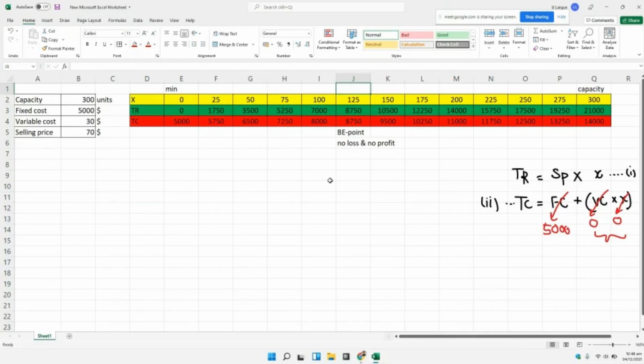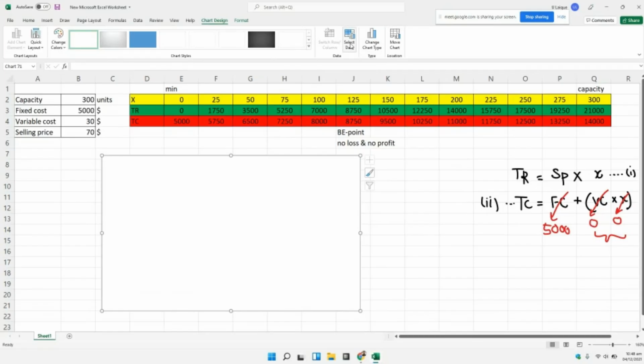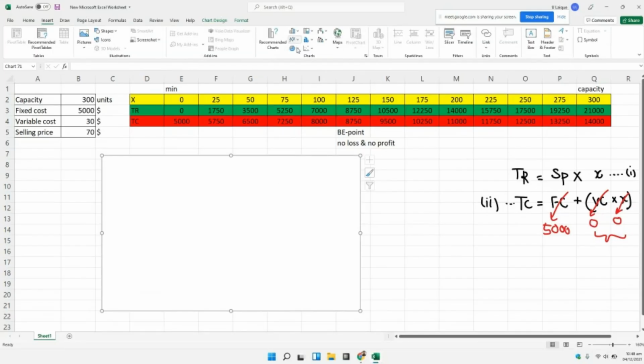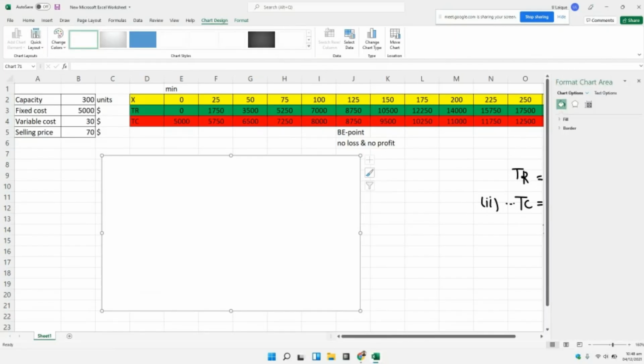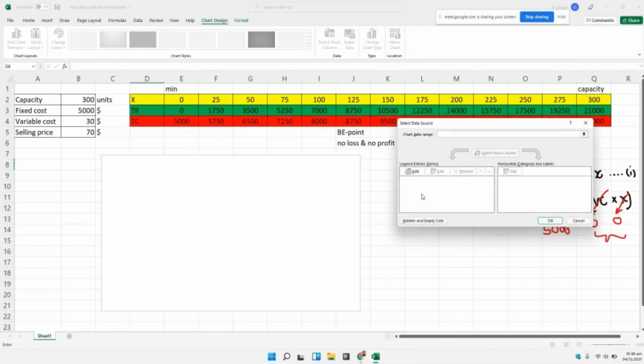Now let's understand this through a graph. I'm going to represent these three components through a 2D line graph. I'm going to select Insert, and then the line graph, and this blank chart will appear. Once I double click it, on the top right corner, I'll get these three tabs. I'll select the one that says Select Data, and now I'm going to tell Excel which variables to plot.